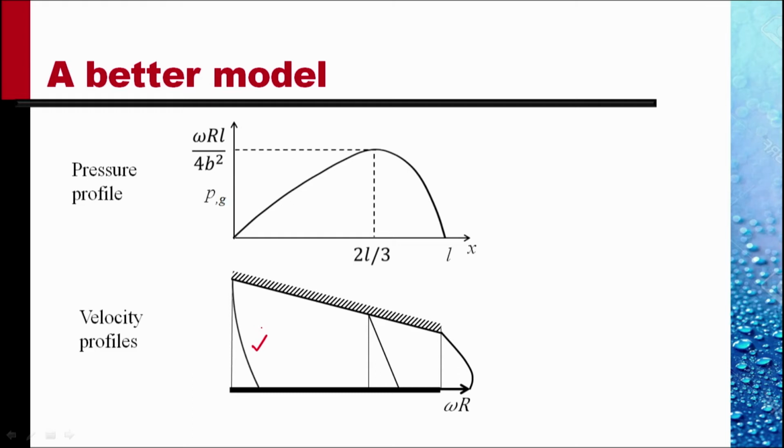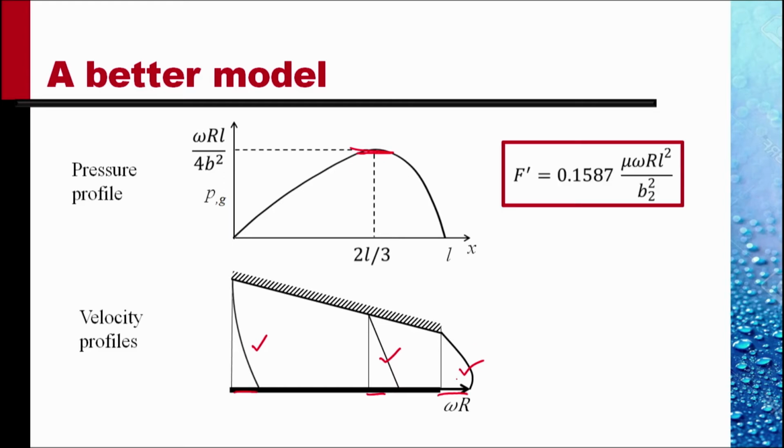At x is equal to 2L by 3, the pressure gradient is 0. And so we have a straight line profile. In the later third of the channel, the pressure gradient is negative, and we have a velocity profile which is typical of the negative pressure gradient.